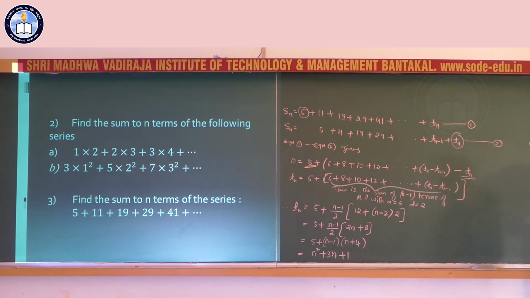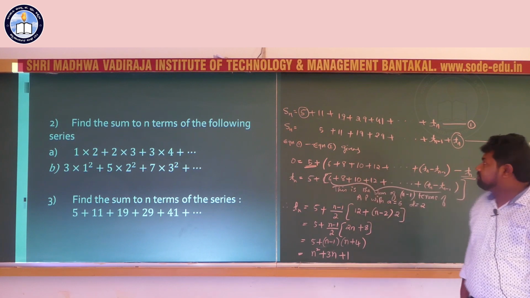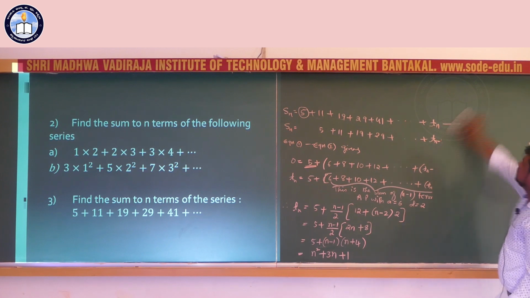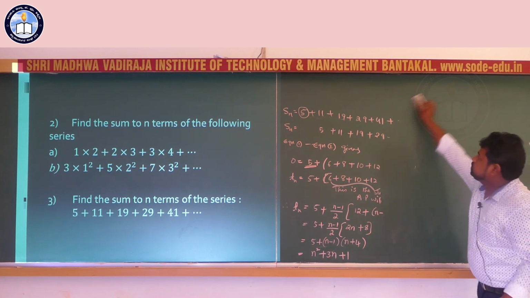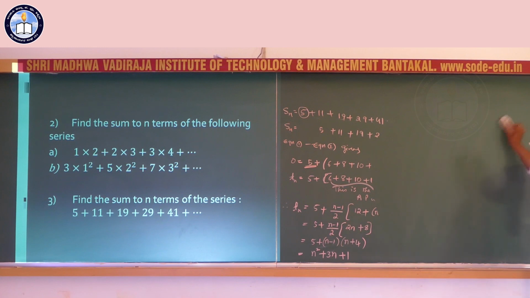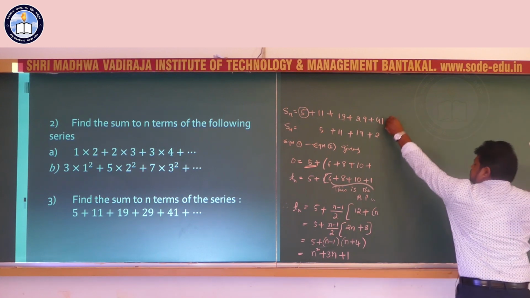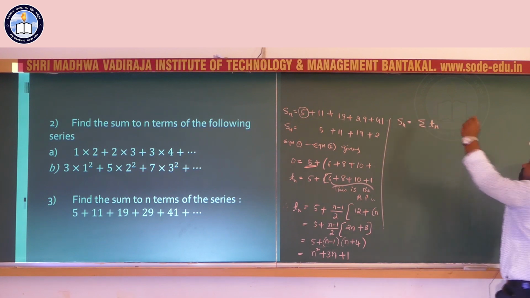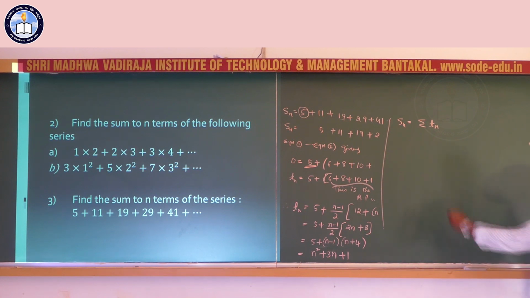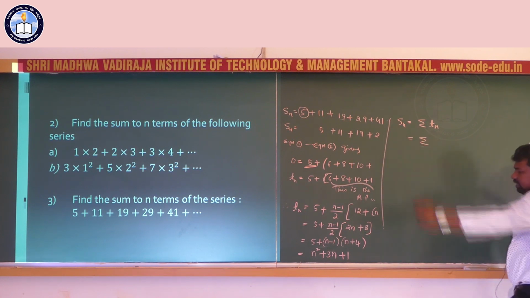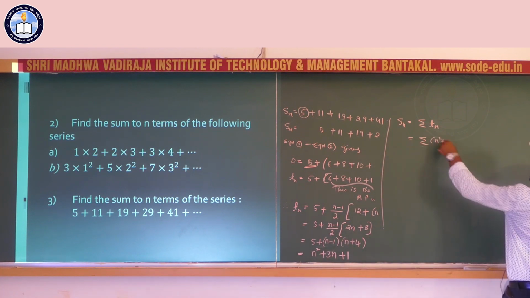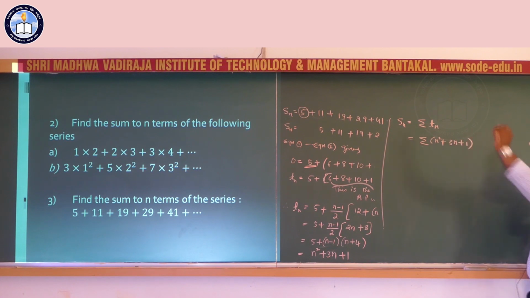But here we want the sum of the first n terms, therefore Sn equal to summation Tn, that is equal to summation of the nth term Tn equal to n square plus 3n plus 1.